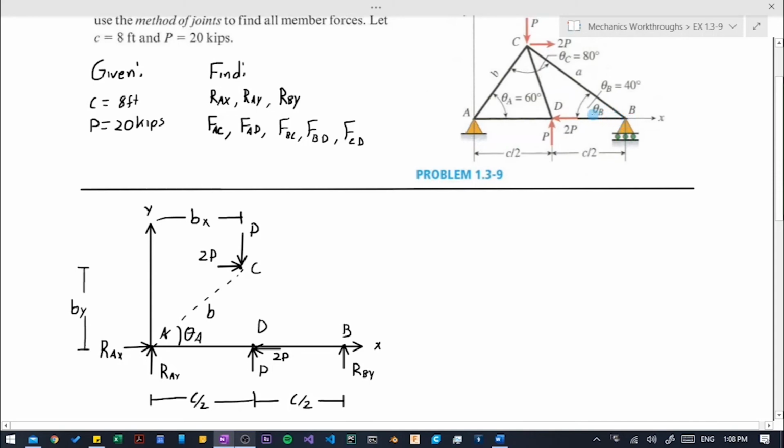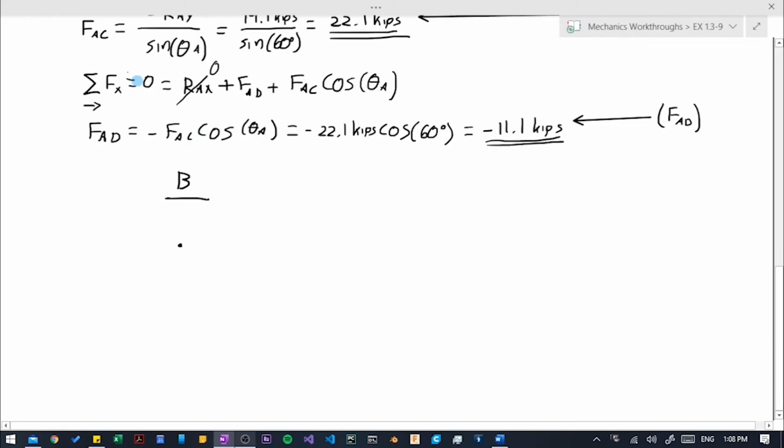Again, we'll draw the member forces as pointing away from the point. And we are given this angle. Just like with point A, we have one force that is horizontal and one that is at an angle.